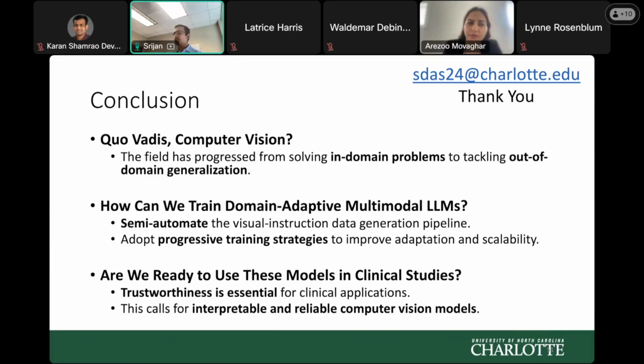For example, we also work on vision language action models. That means the LLMs will be able to provide robotic actions. Now, LLMs are not trained for doing this task. That's why for this kind of task, we also have to fine-tune the LLM.